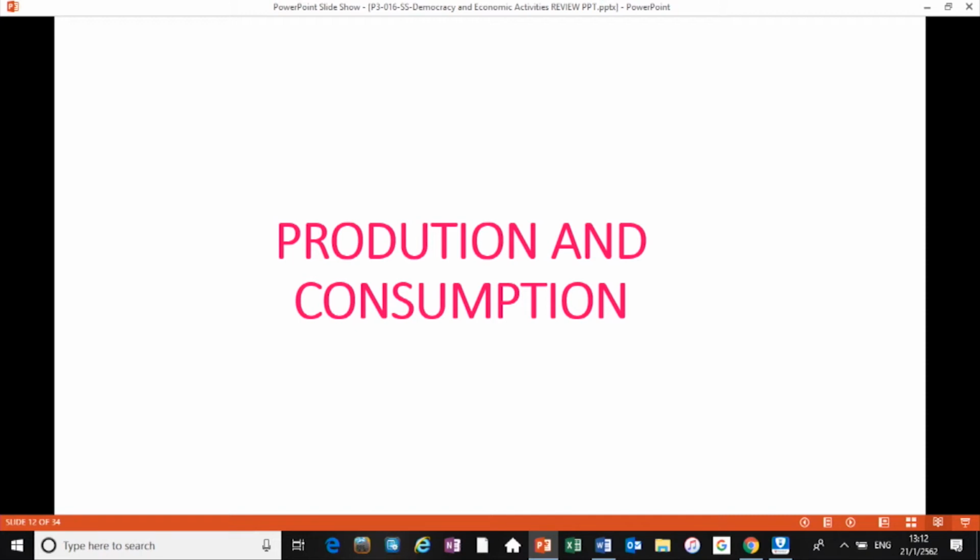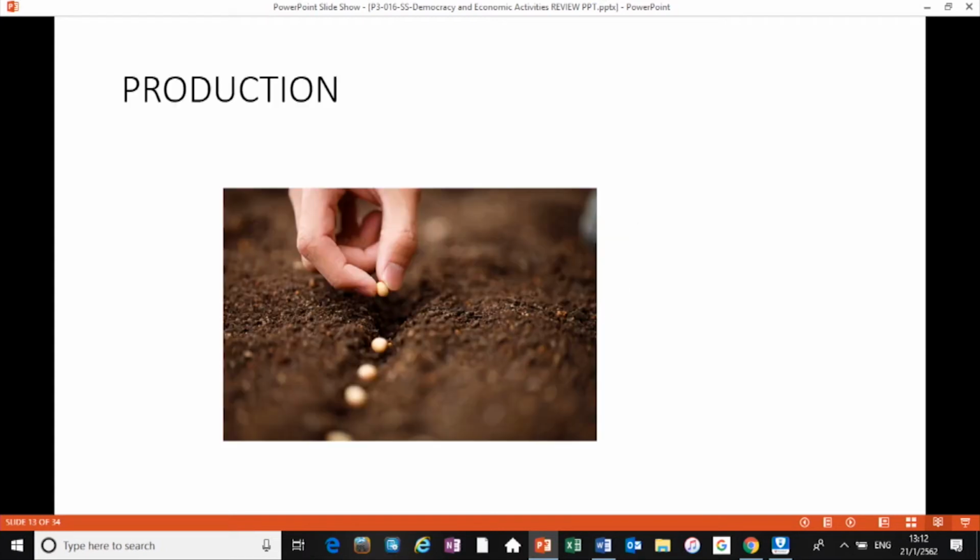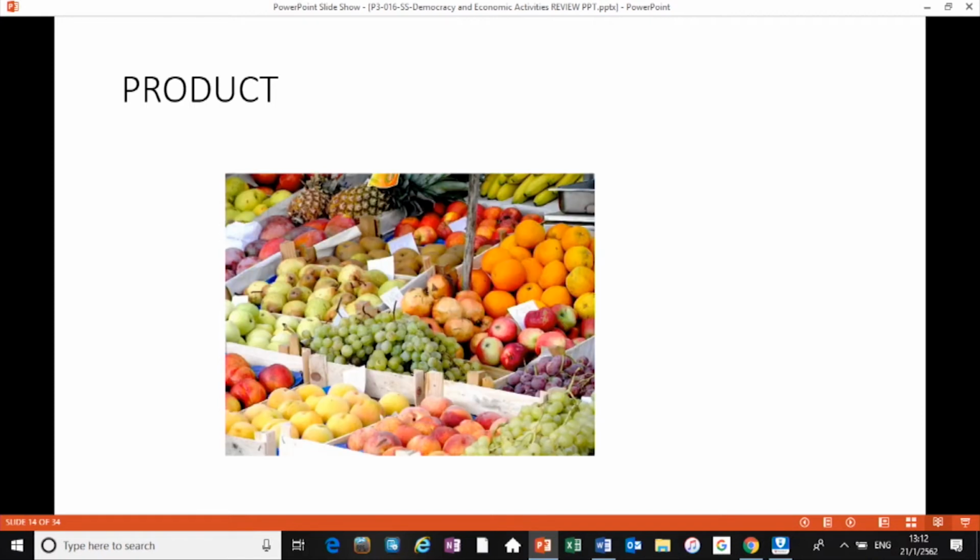Next, we'll move on to look at, remember, production and consumption. This is what we looked at earlier from the previous lesson. Production. You see, the planting of the crops. Product. What can you see in the picture?